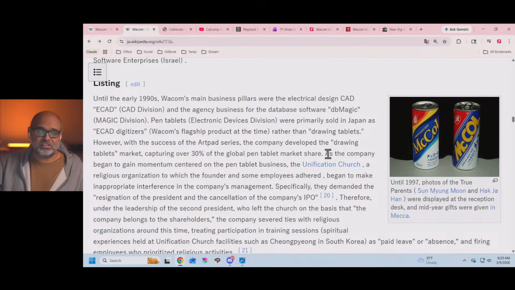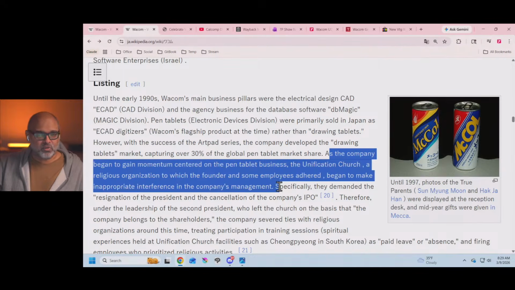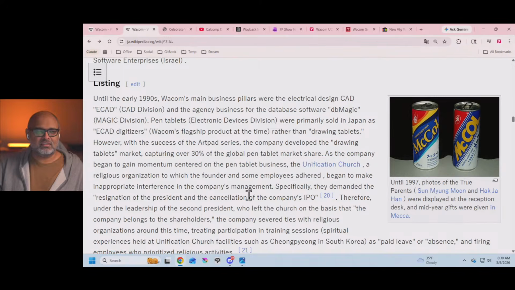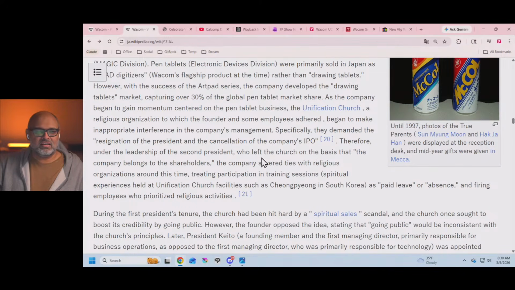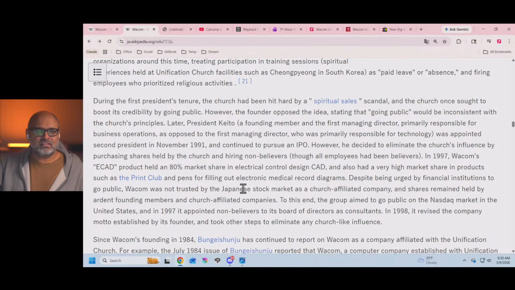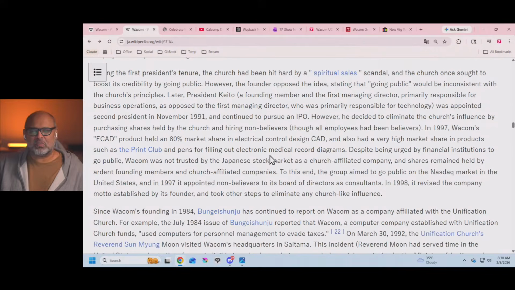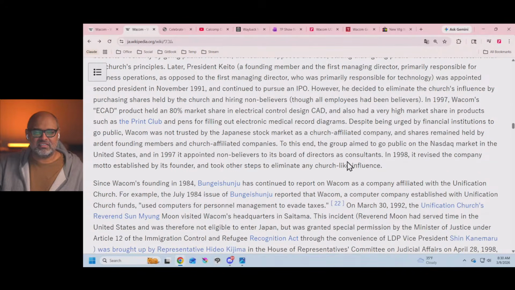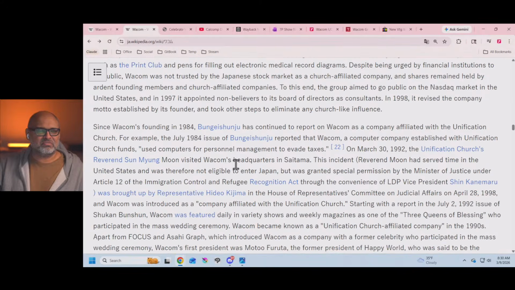And then again, we get into the Unification Church stuff, which I'm going to ignore because it's just weird. Skipping that, it's all church related. I'm trying to get to the parts we're interested in, because this is all about this church stuff.